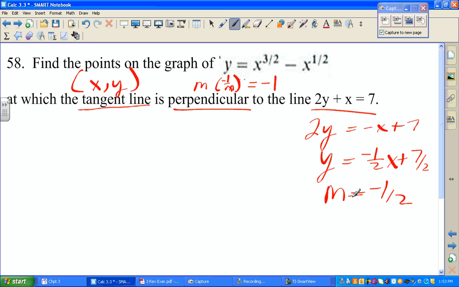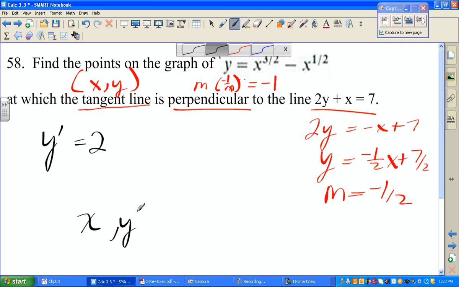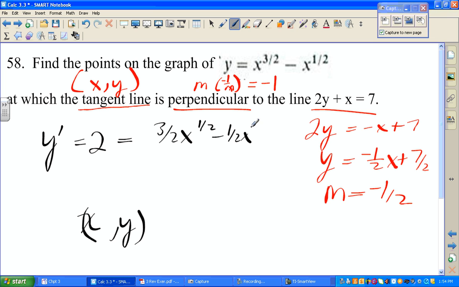So you have to take the derivative, which is y prime, and set it equal to 2. Then you solve for x, put it back in the equation, and find y. You can do a lot of calculations on the calculator, but you're going to have to do your algebraic simplification on paper. So the derivative would be 3 halves x to the 1/2 minus 1/2 x to negative 1/2. And just solve that for 2.